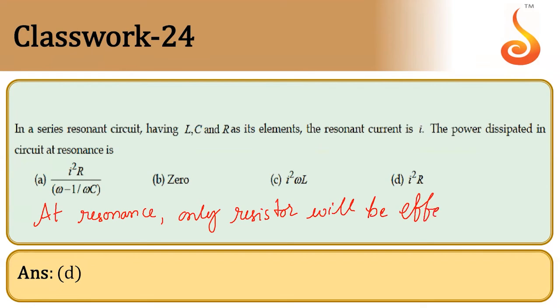That will be part of the circuit. So power dissipated is equal to I square R. That's it, like a normal resistor. Next.